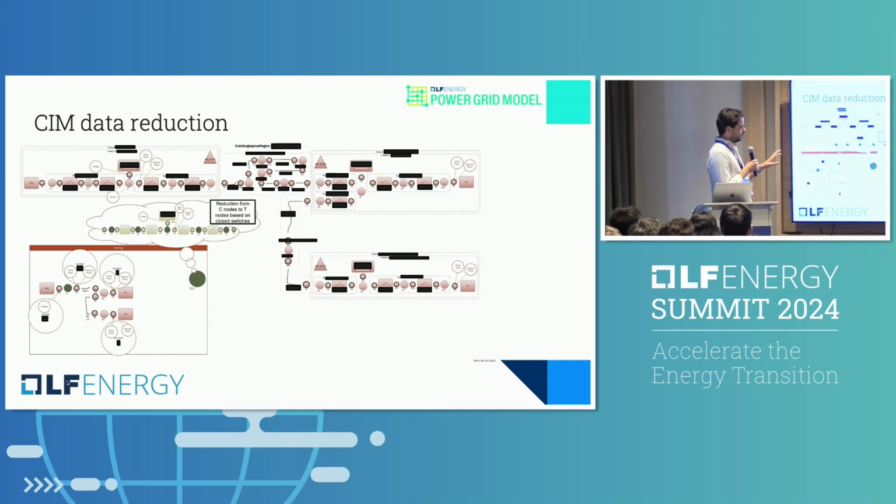So what we do is a reduction of connectivity nodes to topological nodes, and then this entire system, for instance an entire substation, is transferred into one topological node. And then this system can be represented like this, where we have a source, a terminal, a topological node, another terminal, and then we get the cables, so AC line segment in CIM, to the next node.